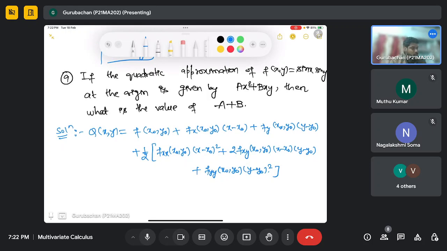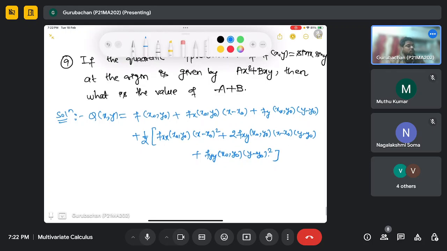Our point was, wait, origin. Okay, 0, 0. So what is the value of f at 0, 0? This is sine 0 into sine 0, which is nothing but 0. Now f_x of (x,y) is nothing but cos x sine y.